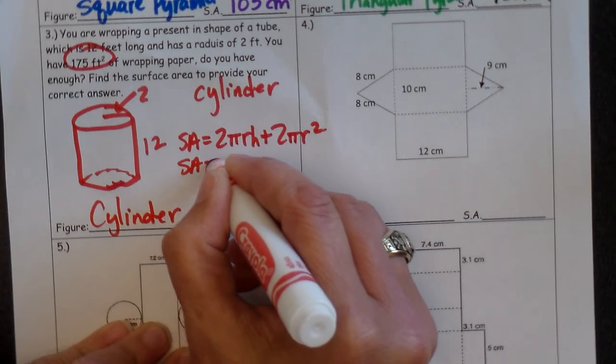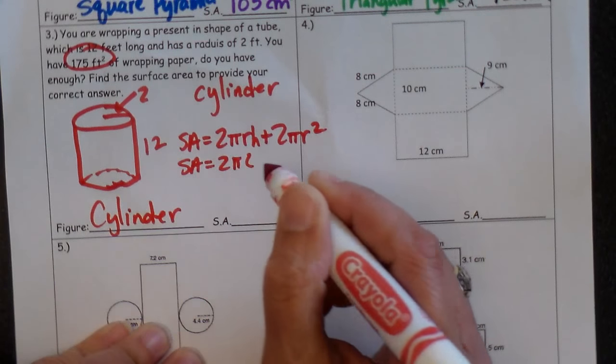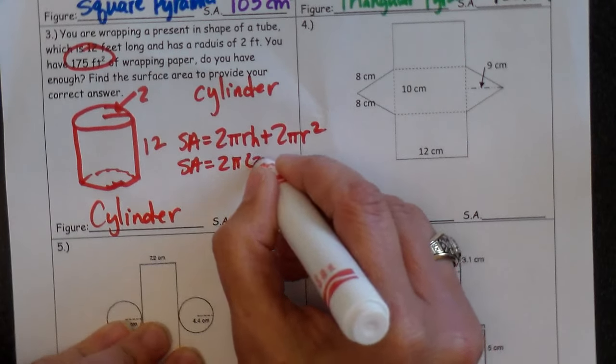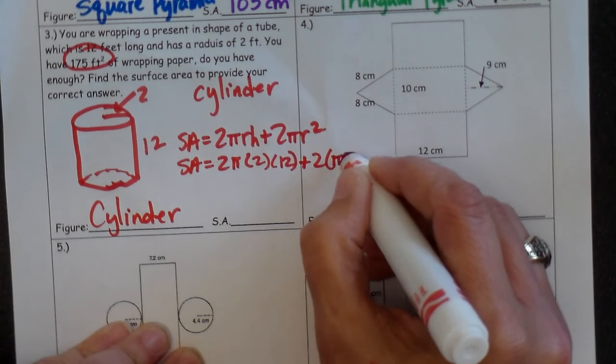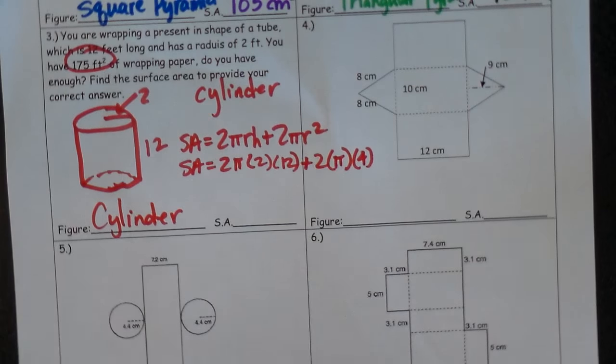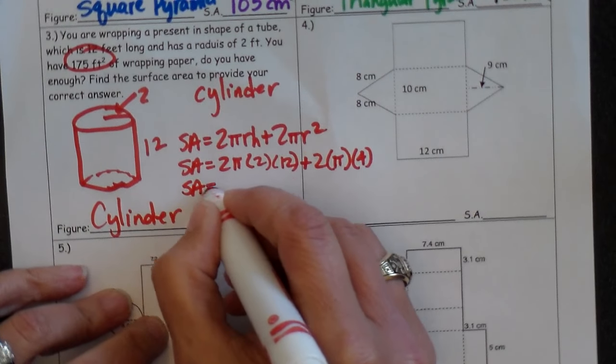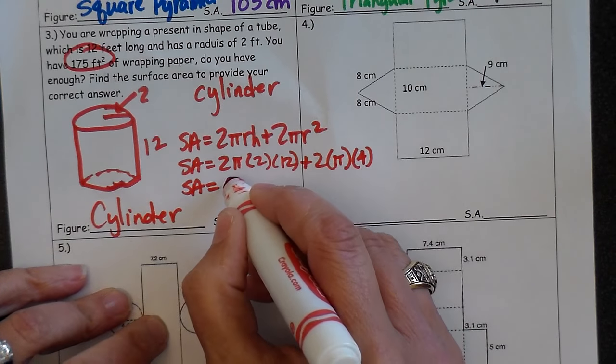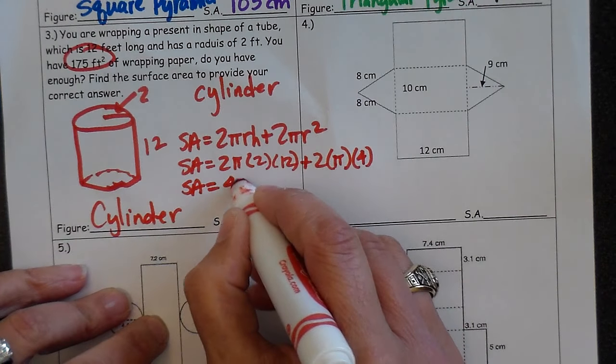So the surface area is going to be 2 pi, the radius is 2, the height is 12, plus 2 times pi times radius squared, which would be 4. So I'm going to add all that together. So I get 48 pi plus 8 pi, which is 56 pi. And I'm going to put that in my calculator.